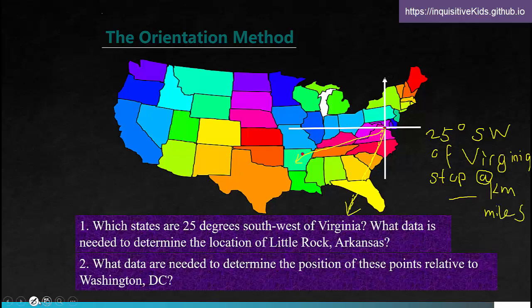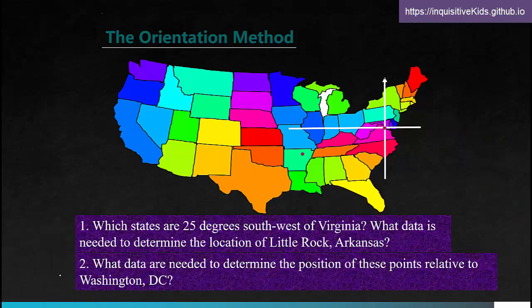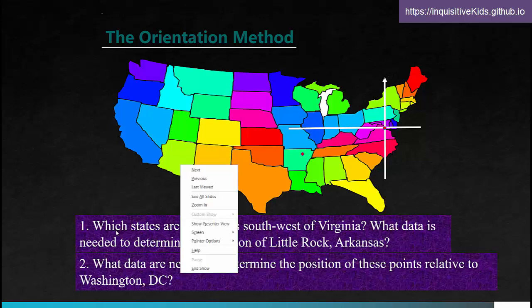So this is another way to identify a point on a map. So what data are needed to determine the position of these points relative to Washington, D.C.? So we could say there's another city, right?